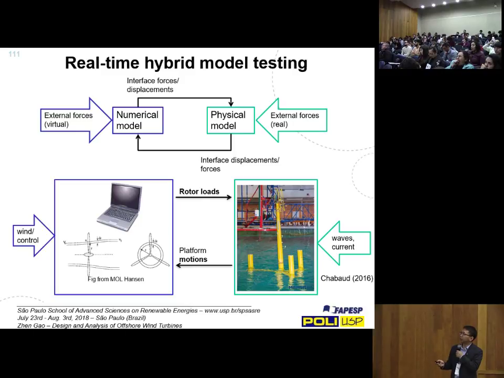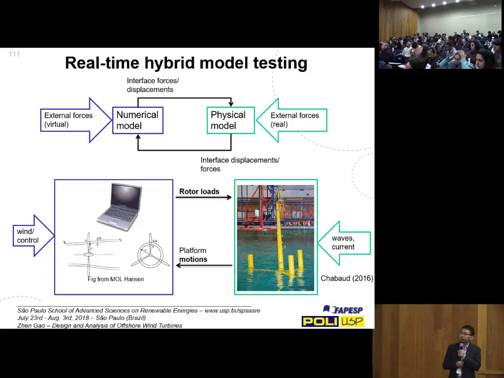Here, we have 6 cables connected to a motor that gives the simultaneous load, which is basically the integrated load that you can apply on the wind turbine. In this way, you can study the integrated coupling effect due to the simultaneous wind and wave loads.